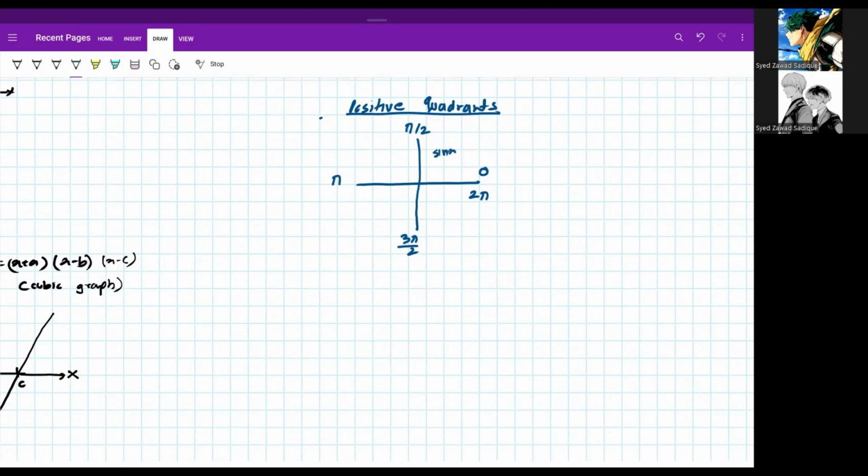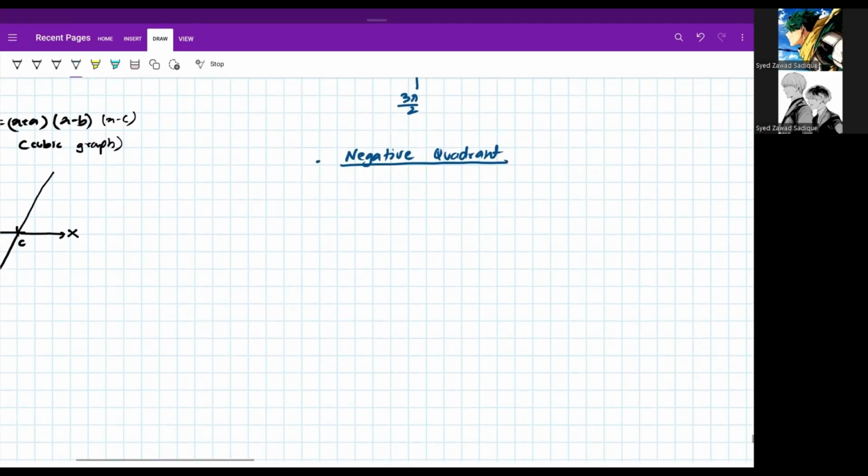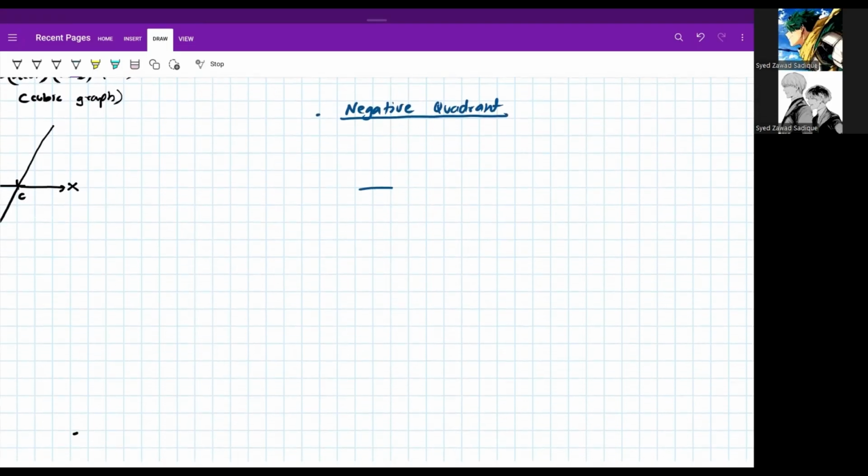Sin x, cos x, tan x, sin x, tan x, cos x. Okay, then negative quadrant. This is where students face difficulty. So the negative quadrant, you have to think like this.